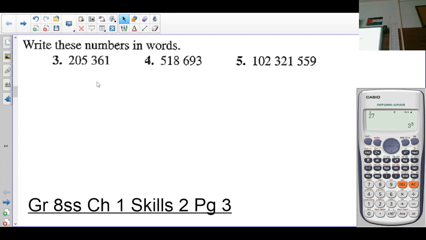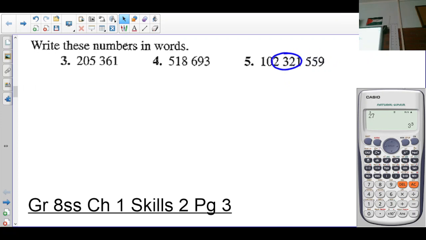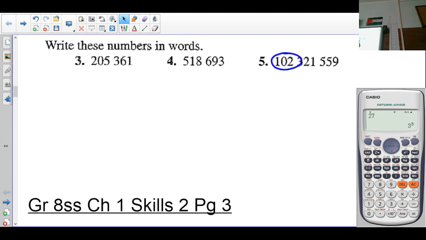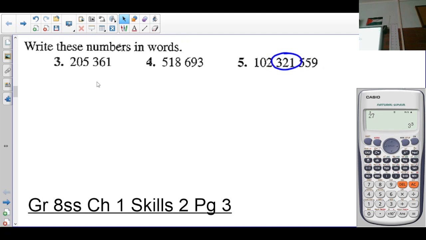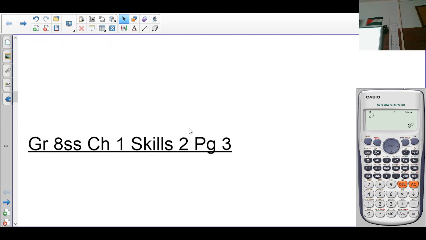Remember, we group it in groups of 3, not so? So that number is 559. That number is 321. That number is 102. So we say it's 102,321,559. Okay.